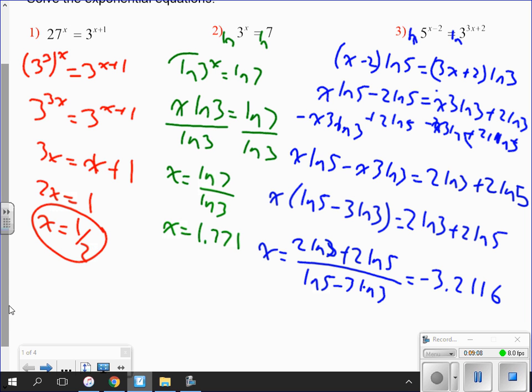Now, why do I wait till the final step to evaluate my logarithms? Round off error. Because if you take your logarithms of your numbers early on and you write down a three-digit decimal for your answer, 5 steps before you're finished with the problem, when you get to your final answer, you may not be accurate to 3 decimal places anymore.